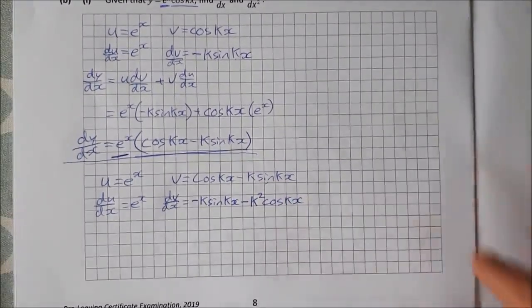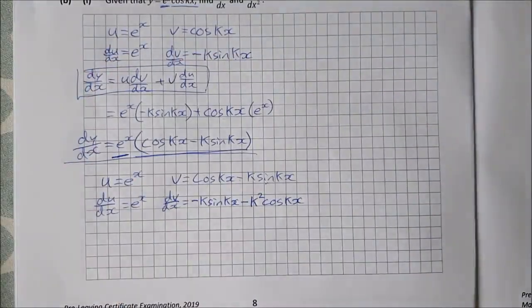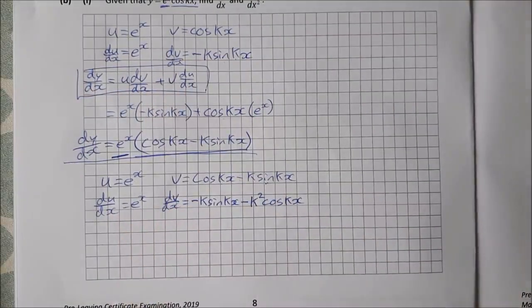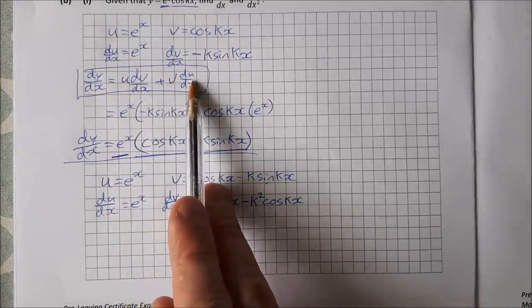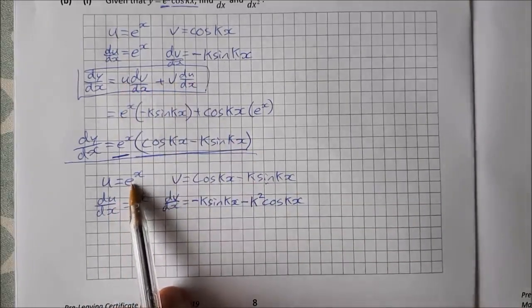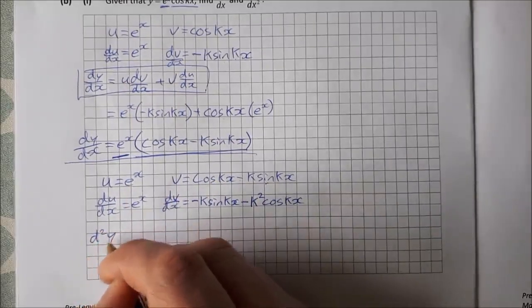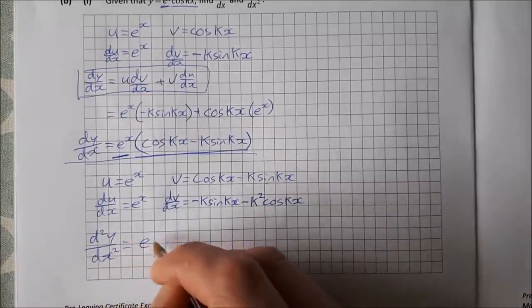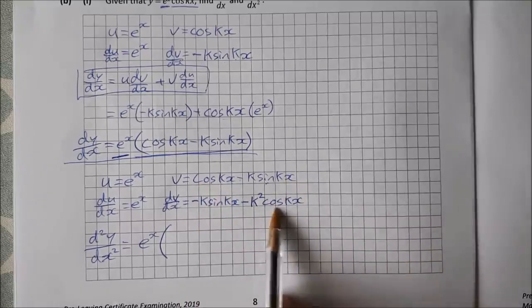So my second derivative, I'm using the same product rule formula, so it's u dv/dx plus v du/dx. Now I'm going to cheat a little bit here. I know that u and du/dx are both the same, so I'm going to keep that as a common factor straight away. So the second derivative is equal to the common factor e to the power of x times the sum of these two.